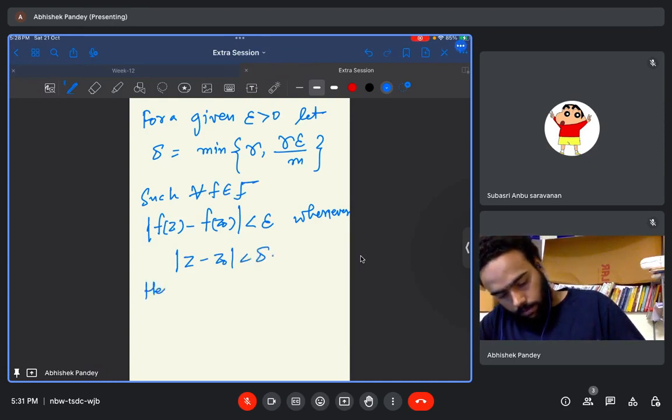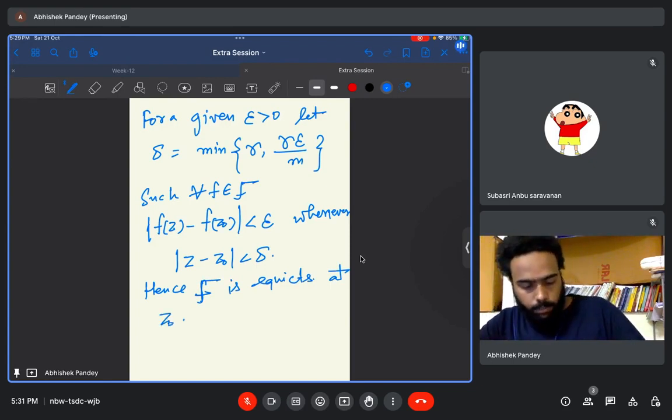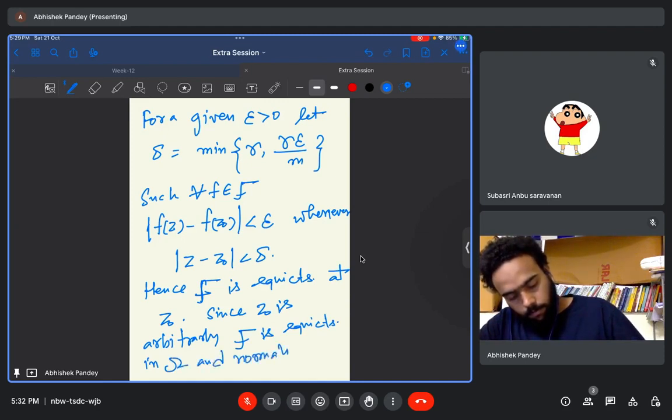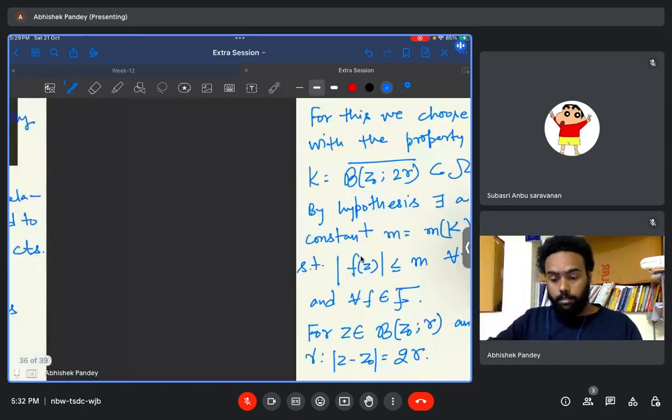Hence F is equicontinuous at z naught. Okay, and since z naught is arbitrary, F is equicontinuous in omega and normality follows. Okay, so this is done.